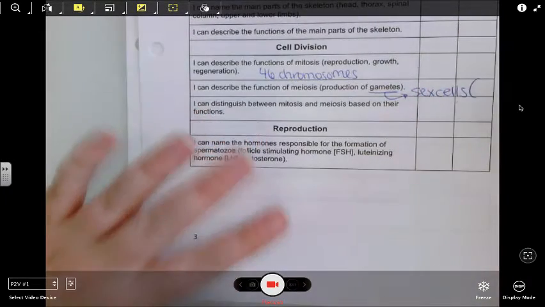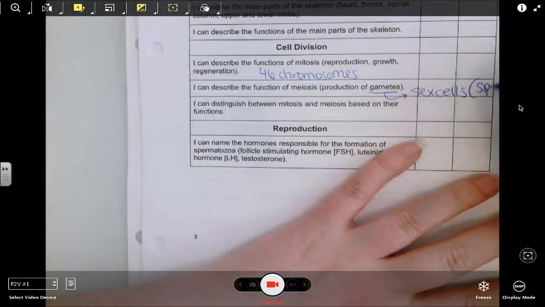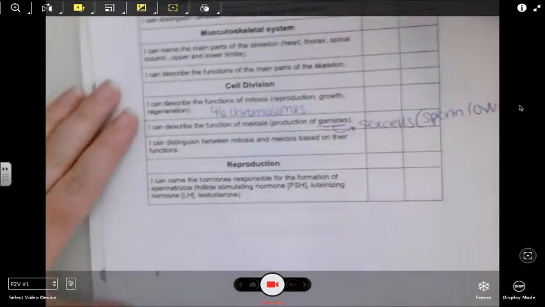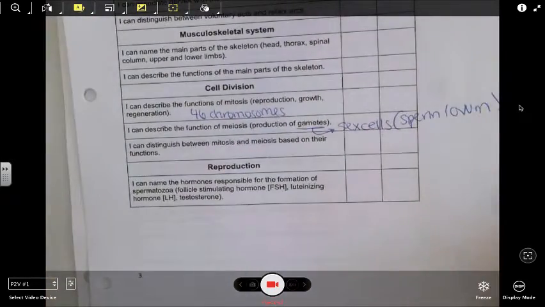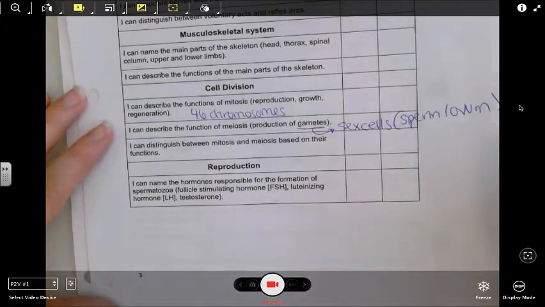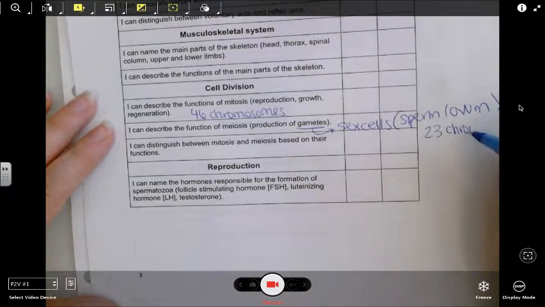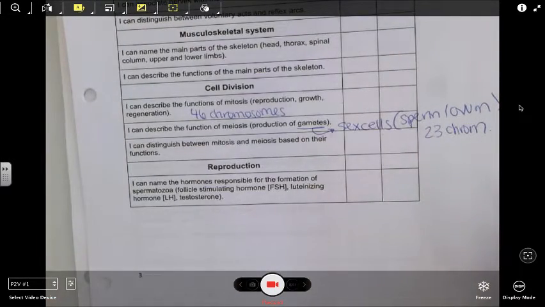So there's your sperm or ovum. Sperm and ovum have 23 chromosomes. It's because you're making half the amount of chromosomes, because ideally what's supposed to happen is that it matches up with someone else's to create another human, and that's the point of your sex cells.